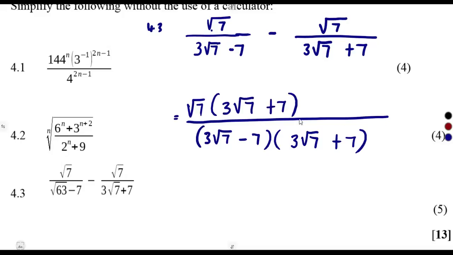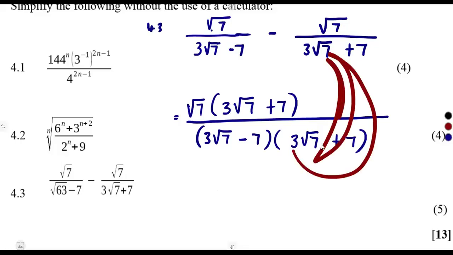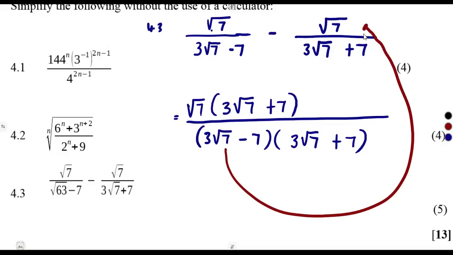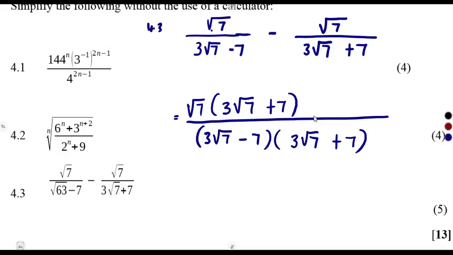Guys, you do the same thing. The 3 plus this one that you have here, division, it was going to cancel this part. What do you remain with? Here, this one. So it is the one that you multiply to the numerator as it is. So it was going to be minus square root of 7 in the numerator. Remember, there's a negative here.